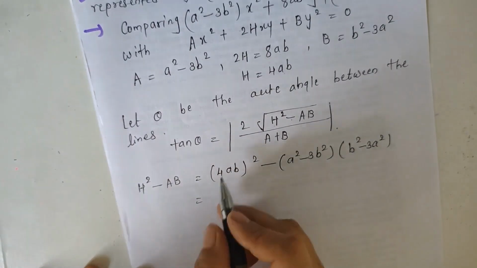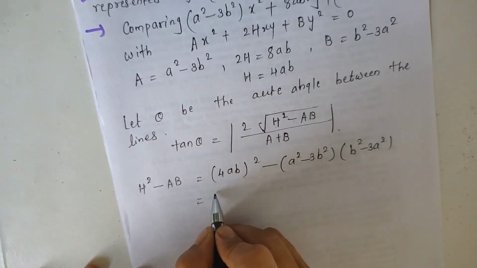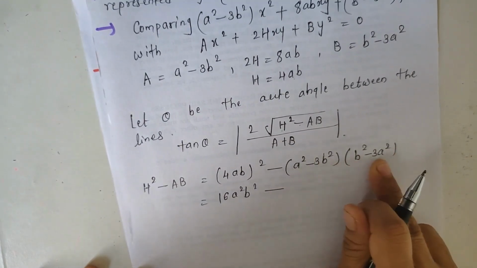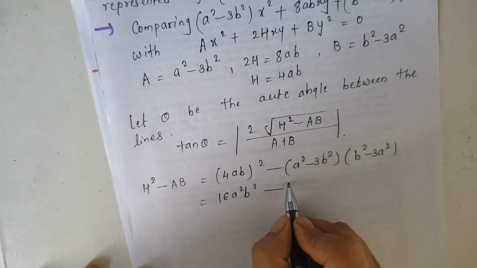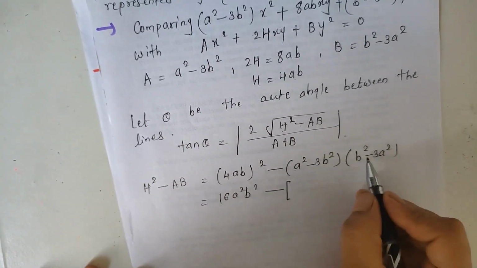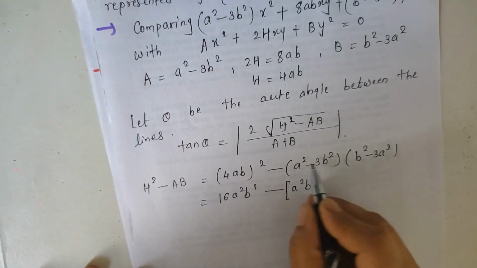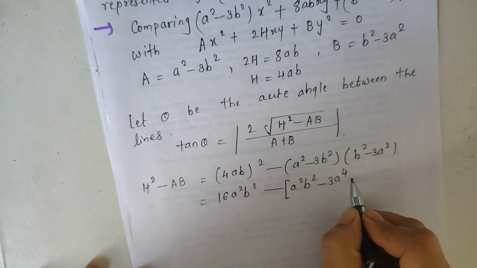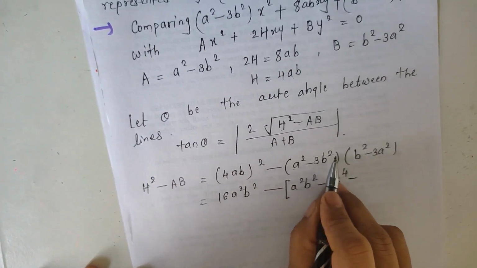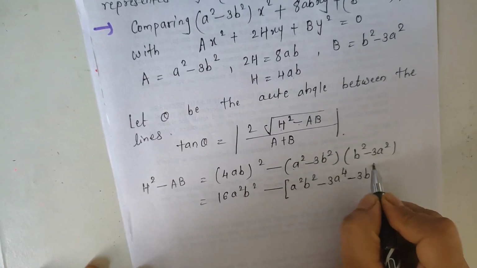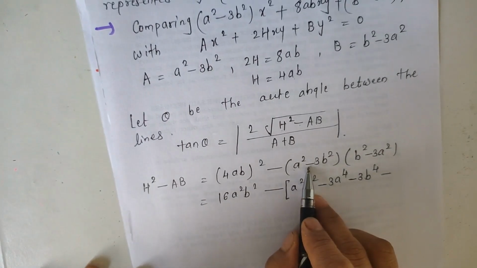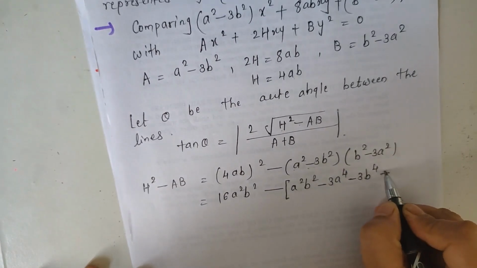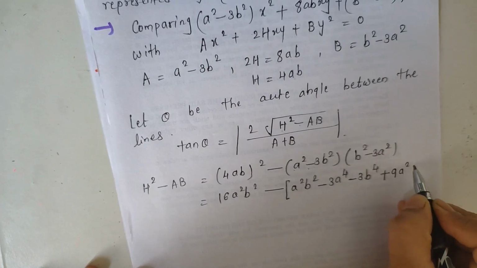Now simplifying this H square minus AB term, we get 16a square b square minus the expansion of these two brackets: a square into b square, a square b square; a square into minus 3a square, minus 3a raised to 4; next term minus 3b square into b square, minus 3b raised to 4; and the last term minus 3b square into minus 3a square, that is minus minus plus 9a square b square.